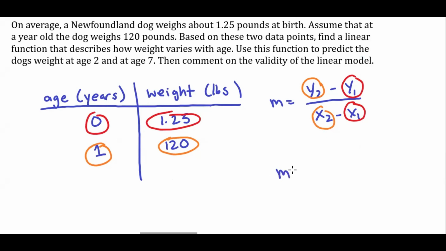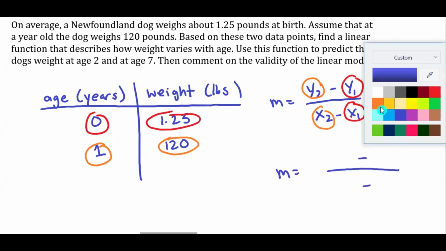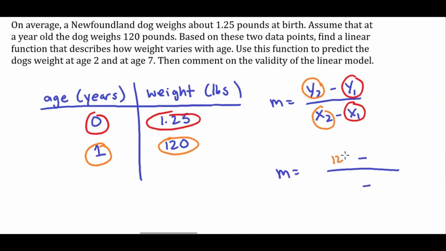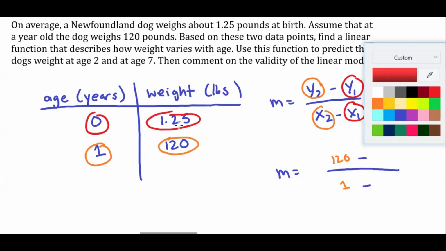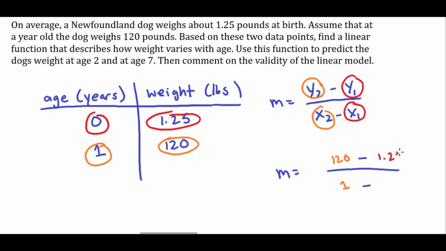So, having identified which one's which, let me make that line better. We have to do subtraction. Let's plug those in. So the second y value is 120, and the second x value is 1, and the first y value is 1.25, and the first x value is 0.